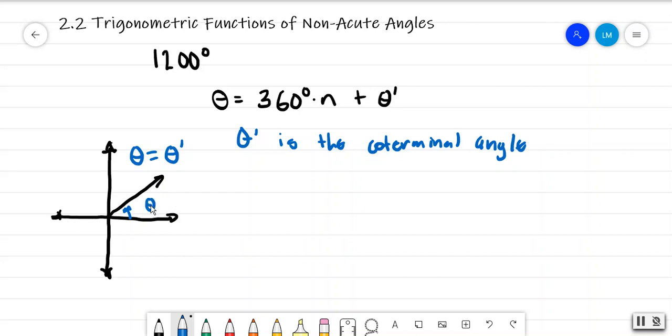So if you have 30 degrees, 45, 60, 75, even 15, that's the reference angle because you're in quadrant 1.